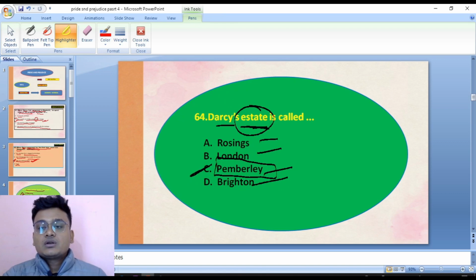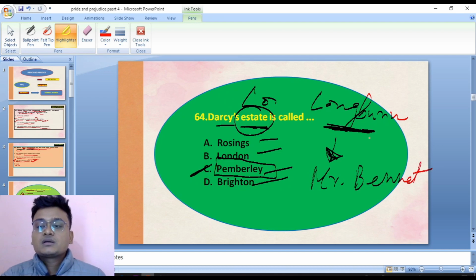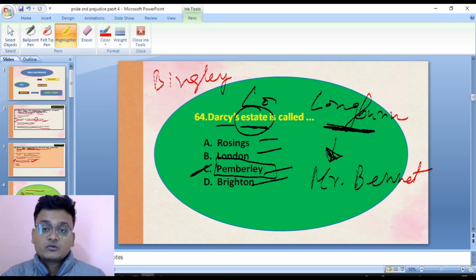Do you know that Longbourn was the estate of whom? Longbourn was the estate of Mr. Bennet. And the estate of Mr. Bingley was Netherfield Park, where he had taken it on rent.